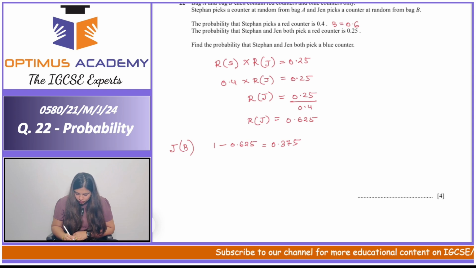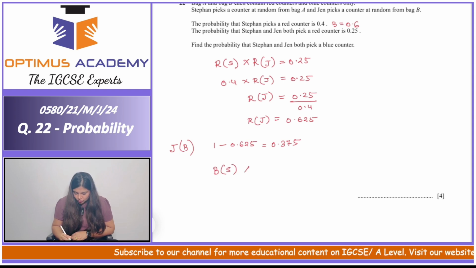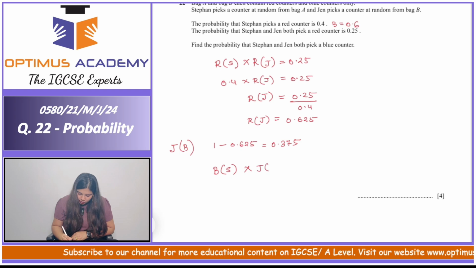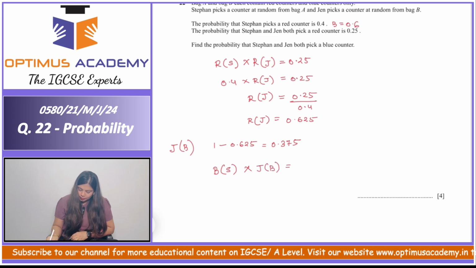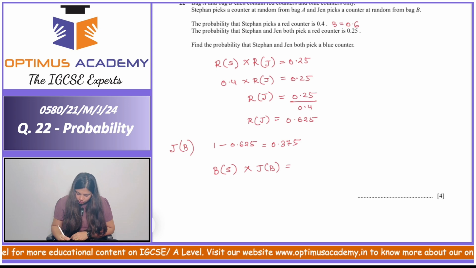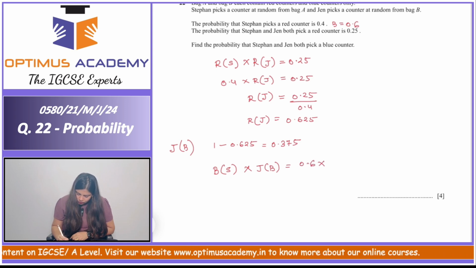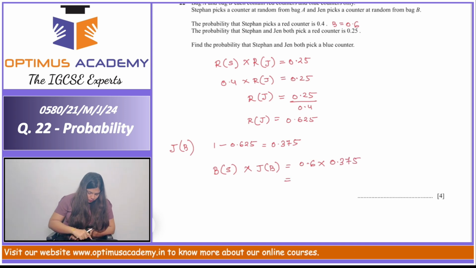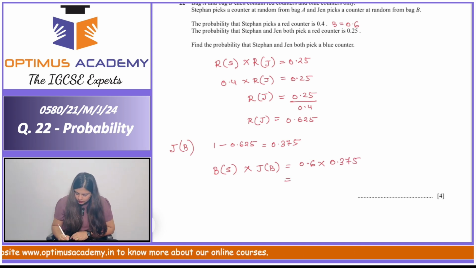And then we know that we have to multiply blue from Stephen into blue from Zen to get the probability of both picking a blue counter. So the final answer is 0.225.